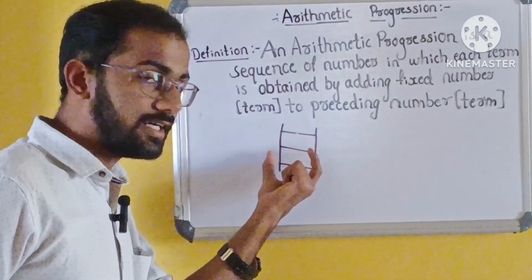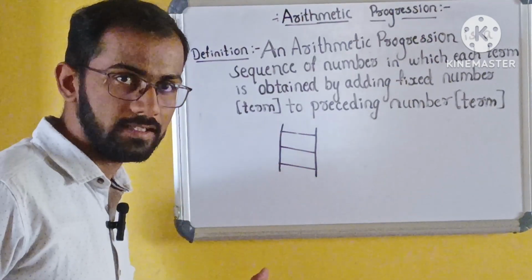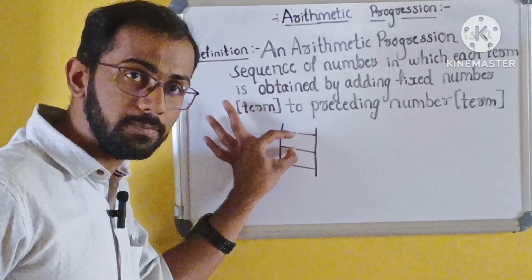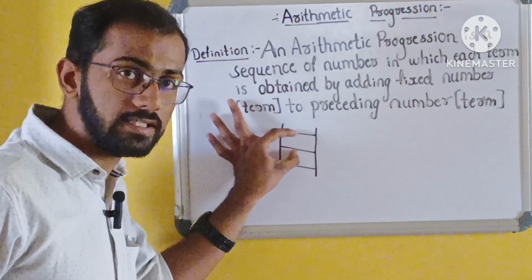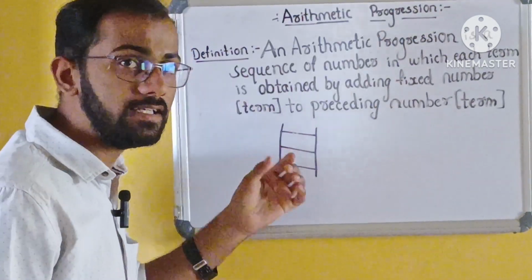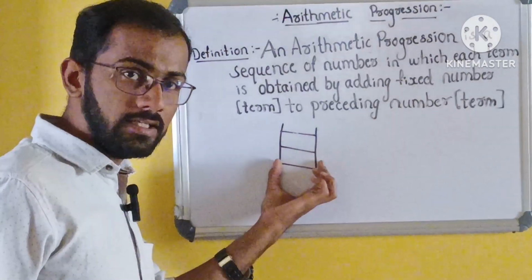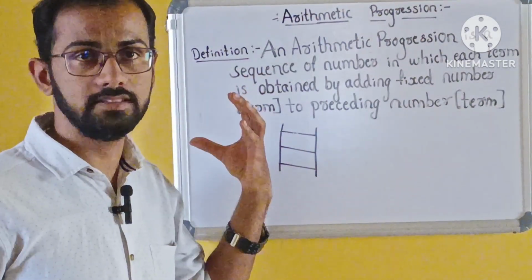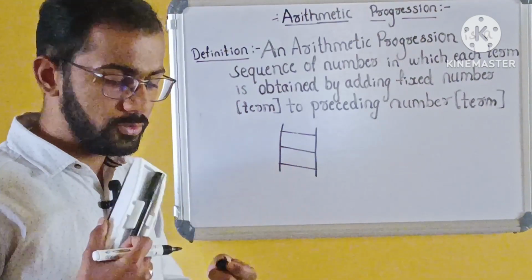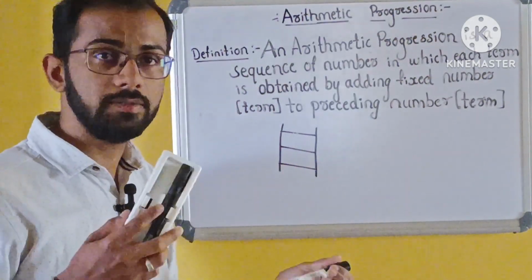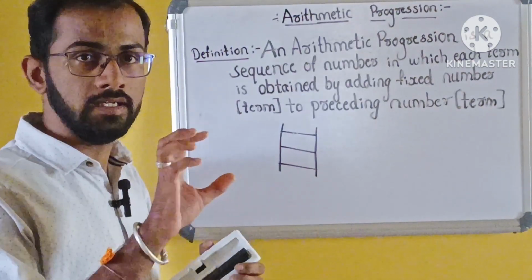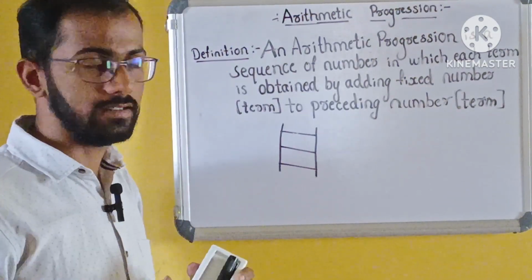How are they arranged? The difference or the gap between two consecutive rungs should be the same in the ladder. Like this, we have seen many things in our day-to-day life. Like this, an arithmetic progression is also arranged in some pattern.